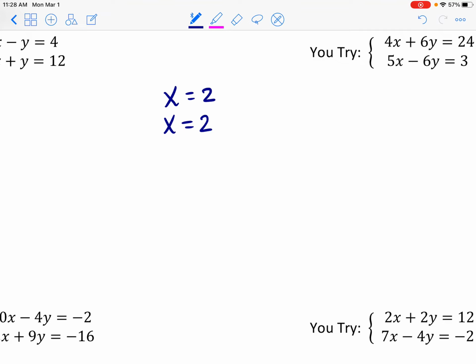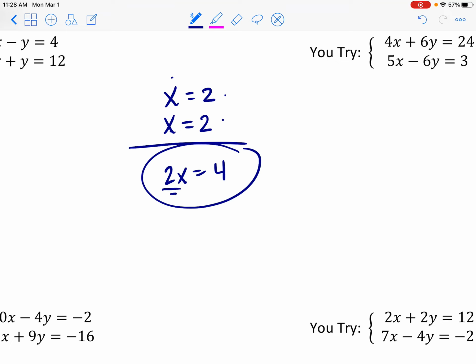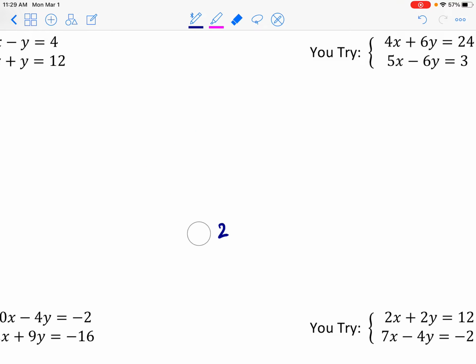Now if I added these two equations together, 1x and 1x would be 2x, and then 2 plus 2 would be 4. Well, what's the solution to this new equation? Well, if I divide both sides by 2, it's still x equal to 2, right? Adding equations together does not change the solution. So this is going to be a method that's really helpful here.